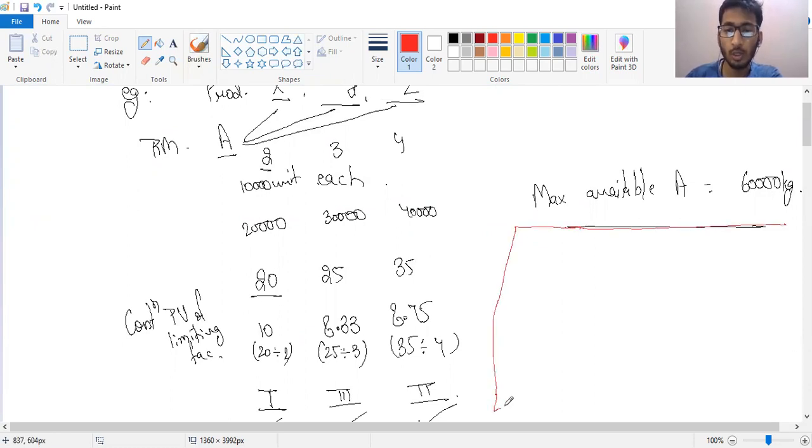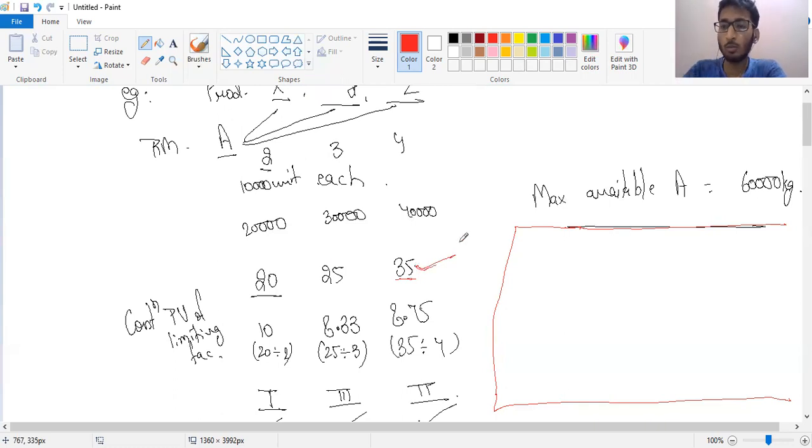Calculate the contribution by ranking as per the contribution per unit. So how will I rank it as contribution per unit? Basically, if I'm earning per unit contribution, not per unit of raw material but per unit of the item, and I'm earning maximum contribution over here, then I should make it first.